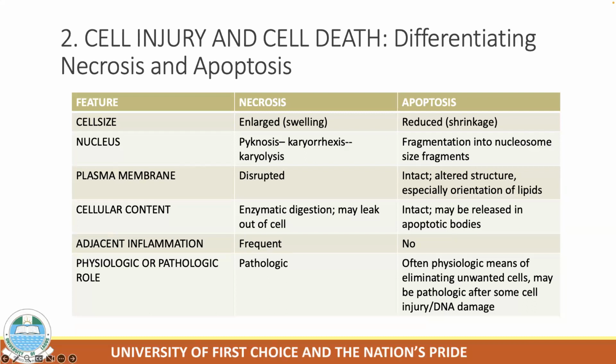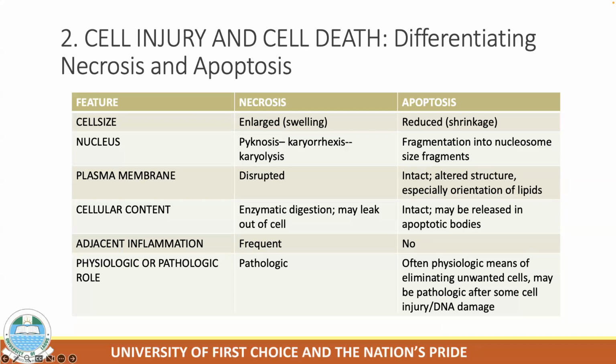Now, there's also nuclear, that's chromatin condenses within the nucleus, leading to apoptosis. Now, how do we differentiate between necrosis and apoptosis? For example, for cell size, under necrosis, there's enlargement of the cell size. Under apoptosis, the cell size becomes smaller and shrinks. For the nucleus, there is fragmentation and dissolution.